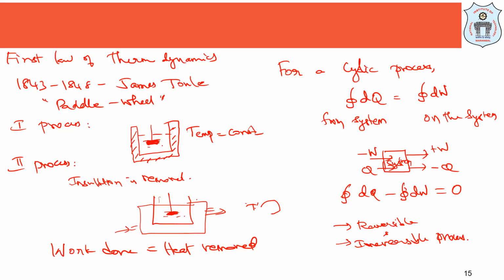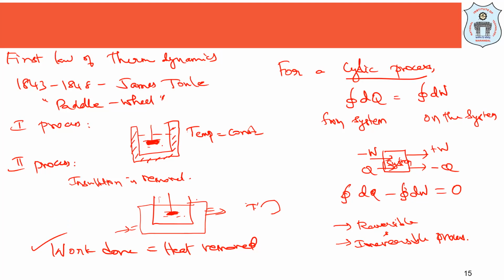So we can say, what is the first law of thermodynamics? Whenever a system undergoes a cyclic process, the work done on the system is equal to the energy transferred as heat from the system to the surroundings. Okay, so that's what the first law of thermodynamics is, and there is a consequence of this first law.